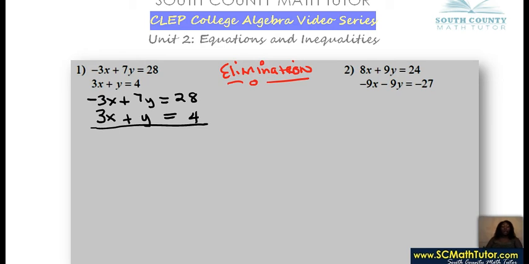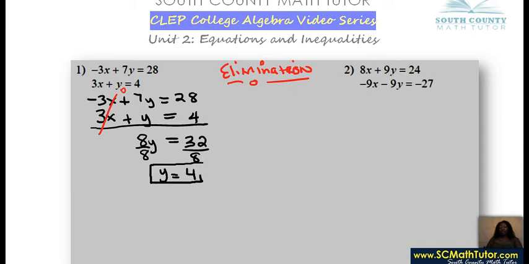So -3x plus 3x crosses out and becomes 0, which is great because now you just have a one-variable equation. 7y plus y is 8y equals 28 plus 4, which is 32. Divide both sides by 8. So your variable y is equal to 4.